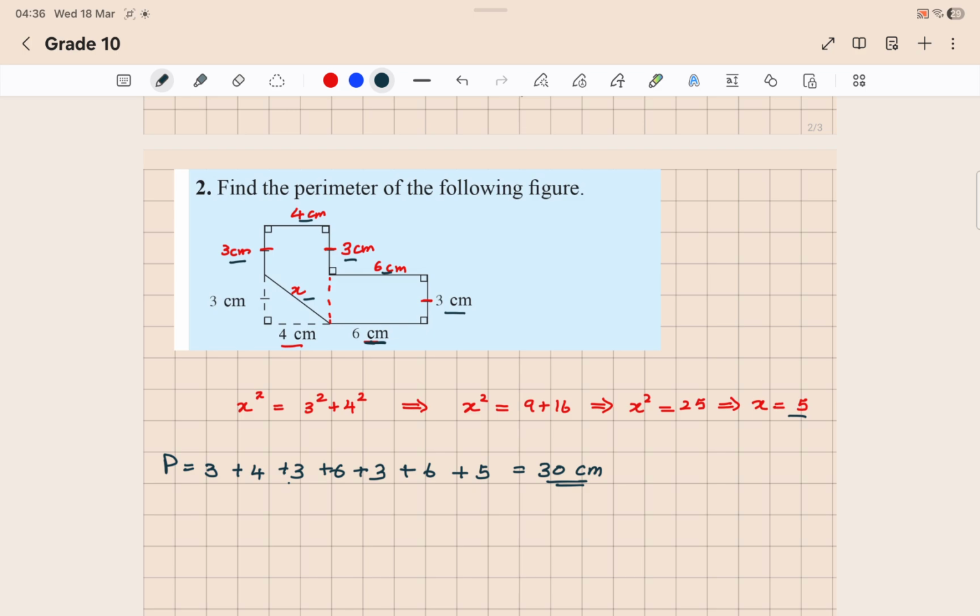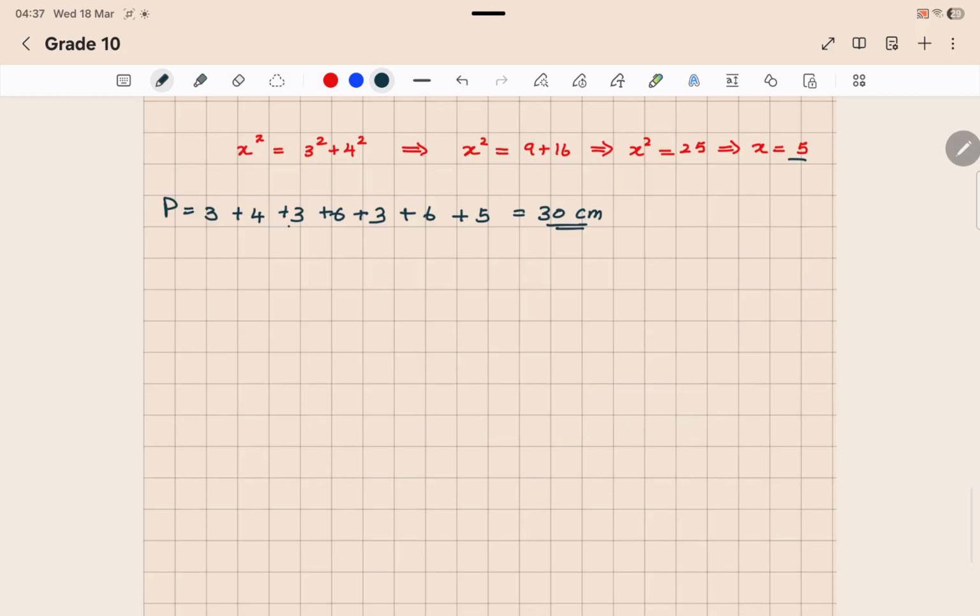Then in this chapter we are going to introduce the sector of a circle and find the perimeter of a sector of a circle next. Let's put the topic: sector of a circle. Let me draw a circle.